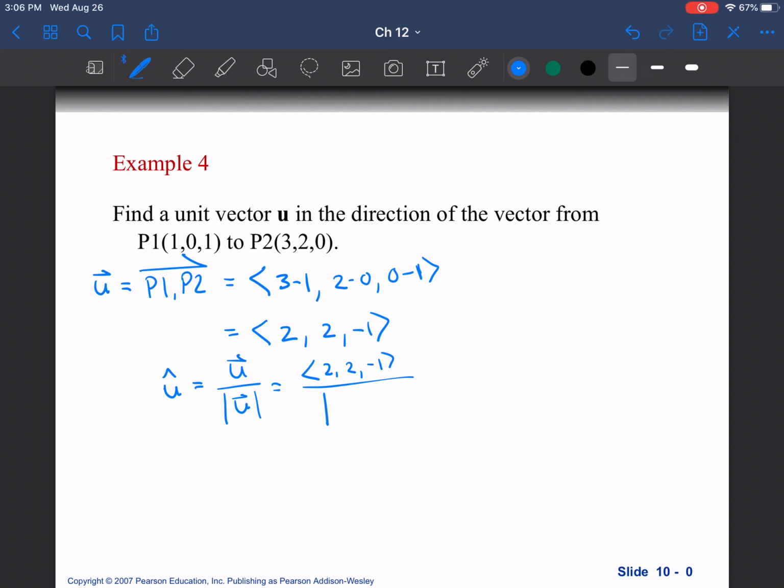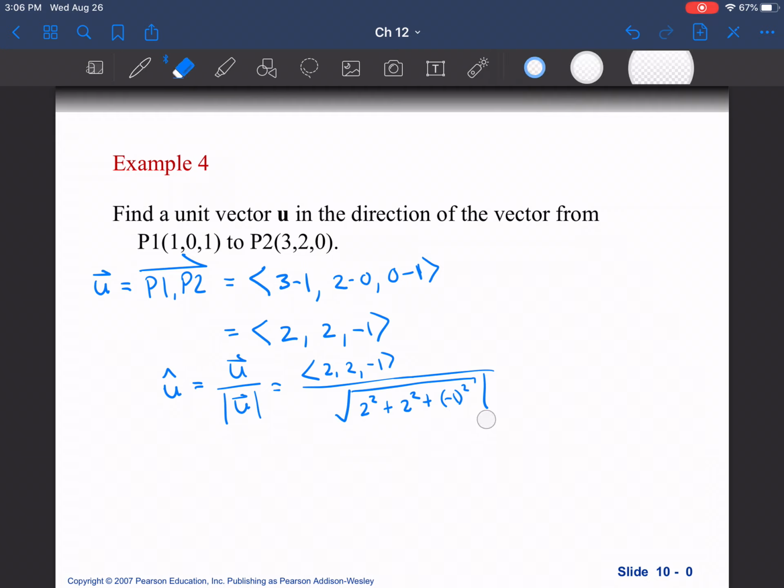And we get that magnitude by using the Pythagorean theorem or our metric. So this is going to be the square root of 2 squared plus 2 squared plus negative 1 squared, right? In fact, I don't even need the absolute value signs around it anymore because everything's getting squared and it'll all become positive. So this essentially is going to be 2 squared, that's 4, plus 4 plus 1, so it's the square root of 9.